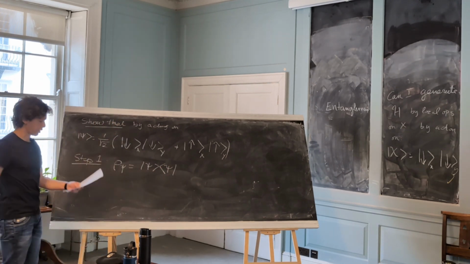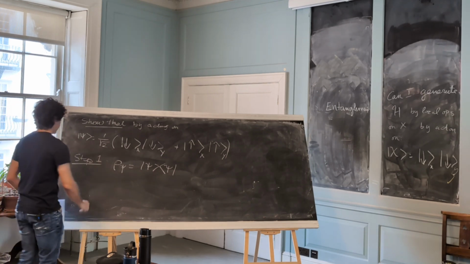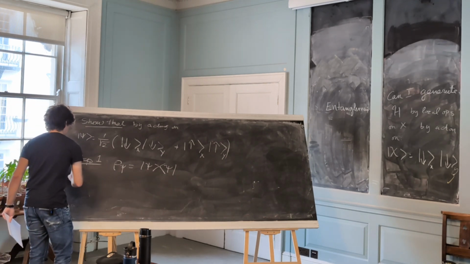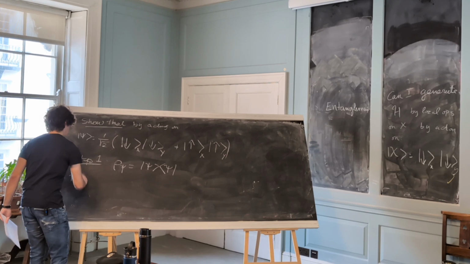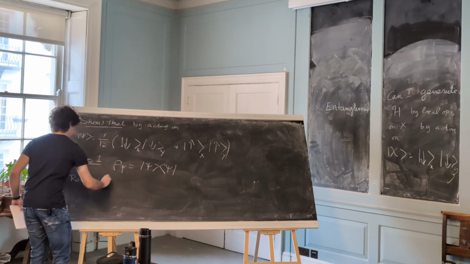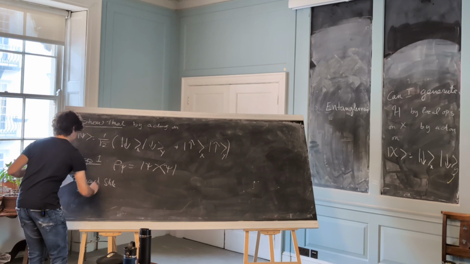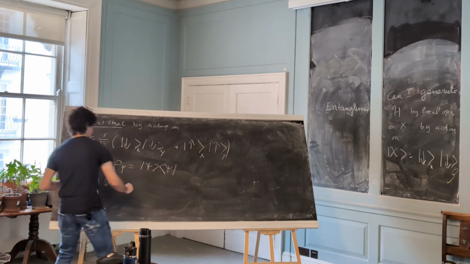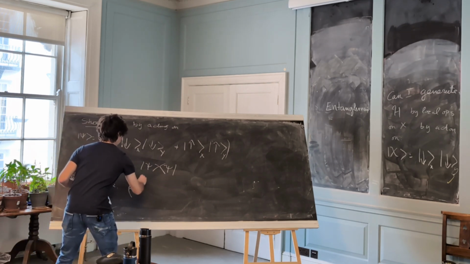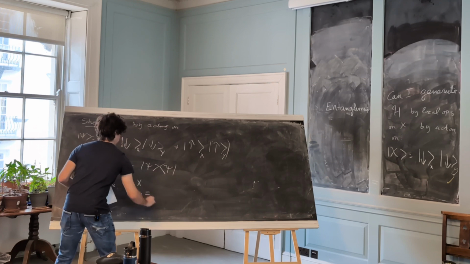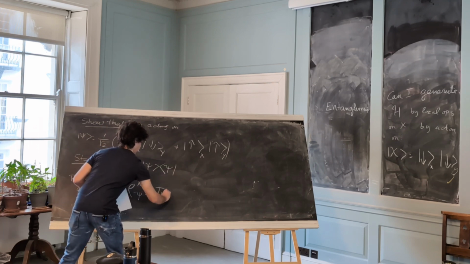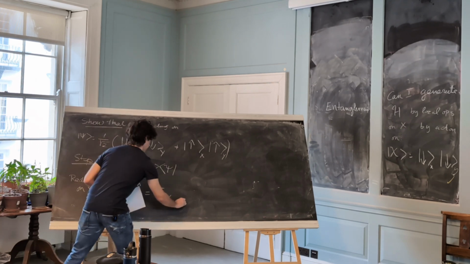You can construct this. And then you can create the reduced state on X, which I call rho X psi, equal to the trace over Y of rho psi.